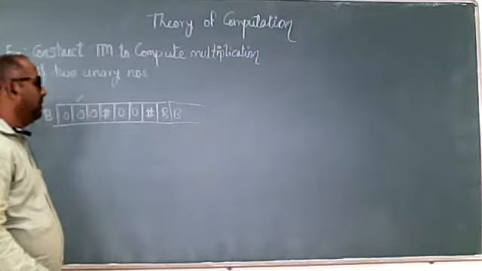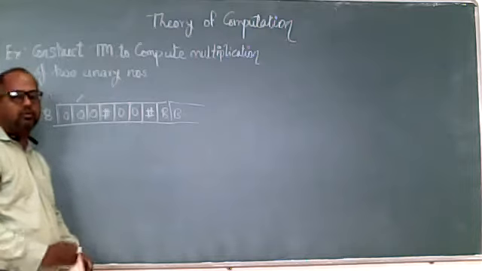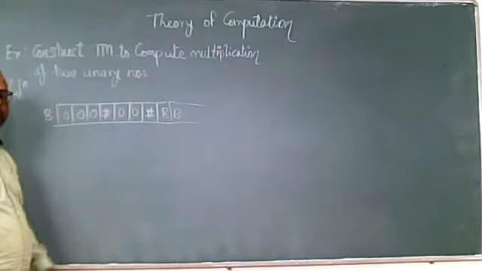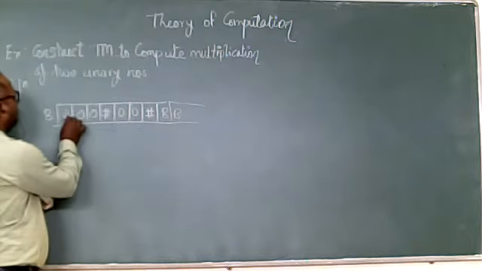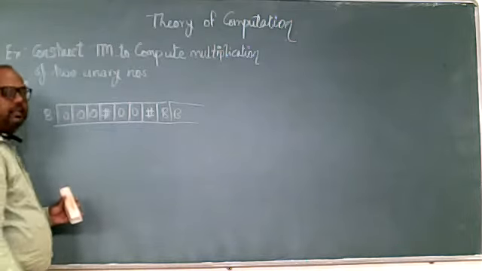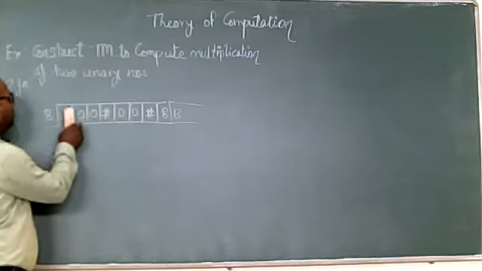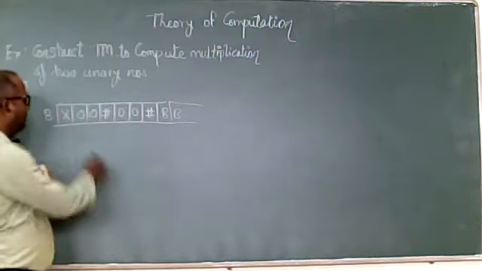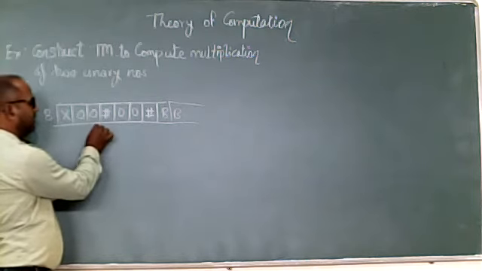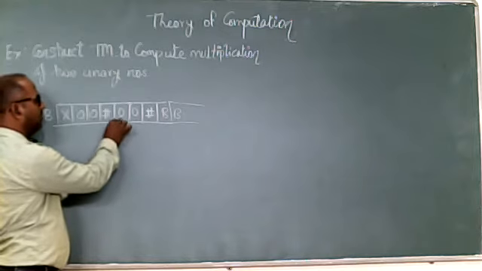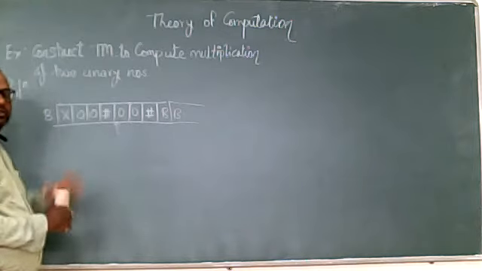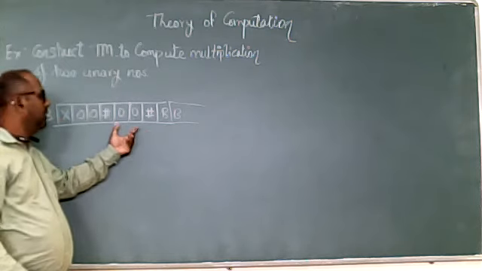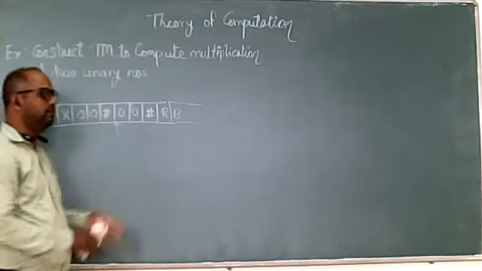Now, how to design the Turing machine for this? We'll briefly see the logic. This first 0, for counting, we will make it an x. Skip this, skip this, skip this. Now we have to copy this. We have counted one, and now we have come here. Now we should start copying.